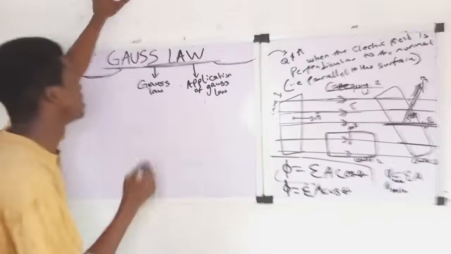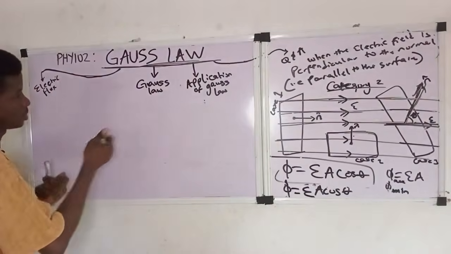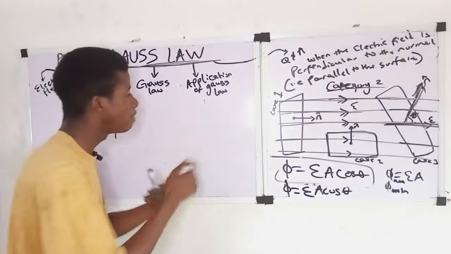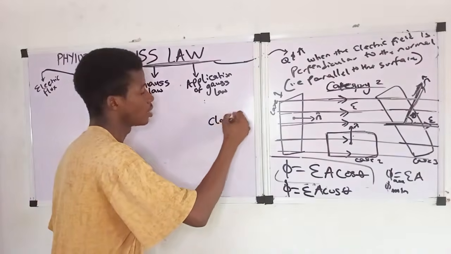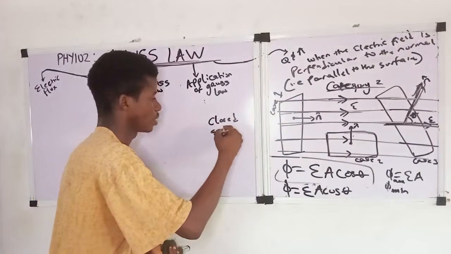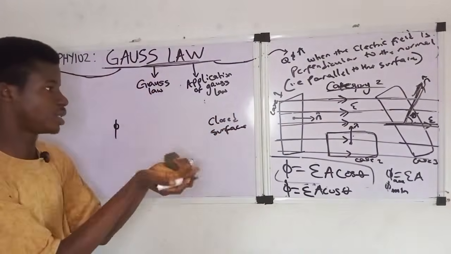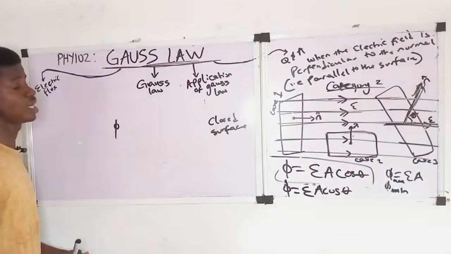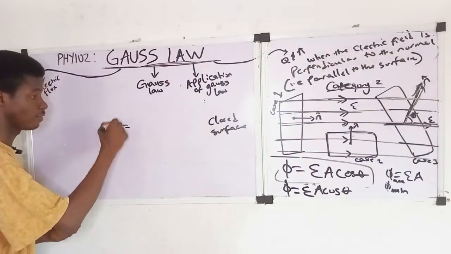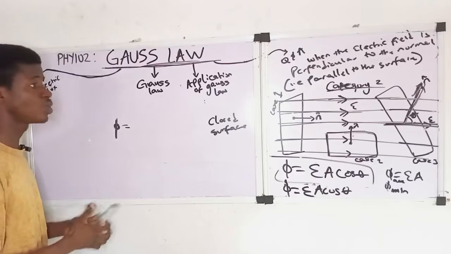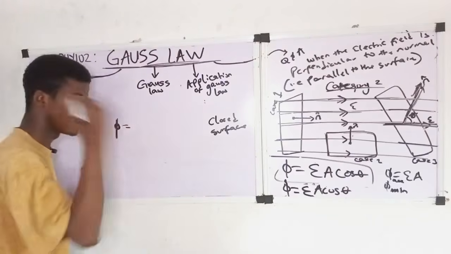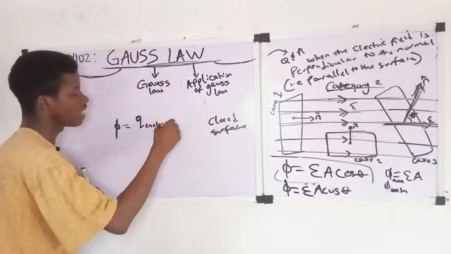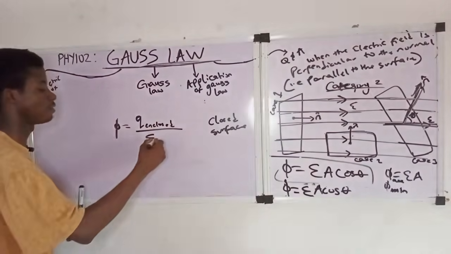Gauss law states that the total electric flux passing through a closed surface, or you can call it a Gaussian surface, equals the charge enclosed divided by the permittivity of free space.